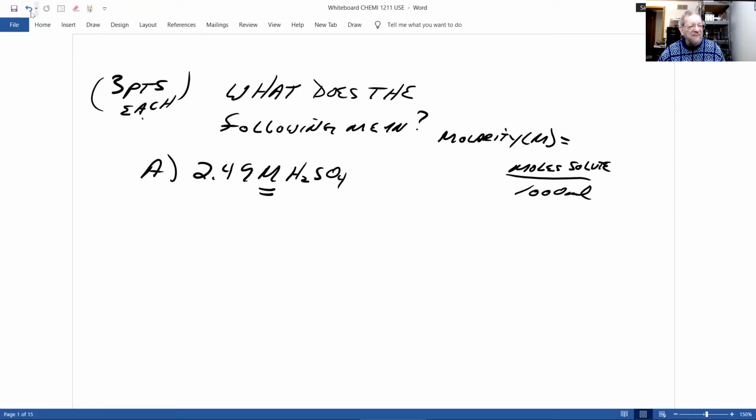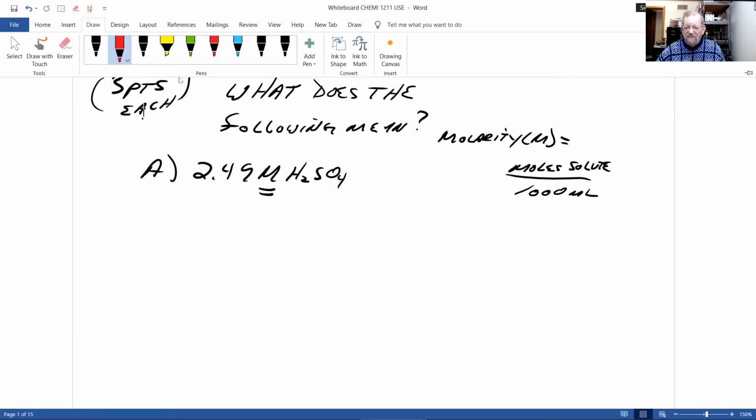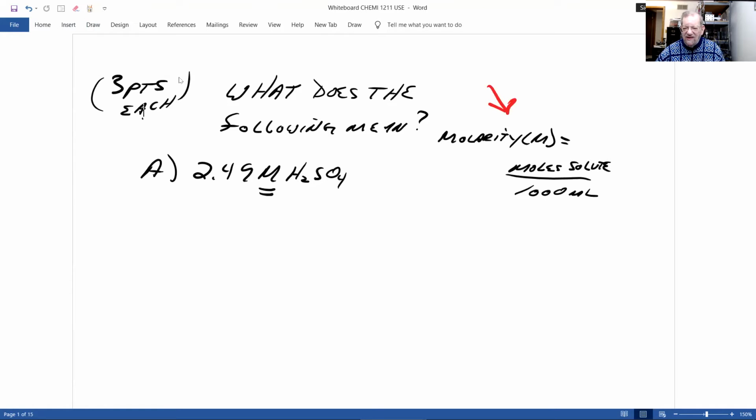Oops, I keep on doing what I shouldn't do, and that's using cursive when I should print for this class. All right, you should know. Hold on. Time to bring out the big guns. You should know molarity, which is shown by capital M, is moles of solute per 1,000 milliliters of solution.